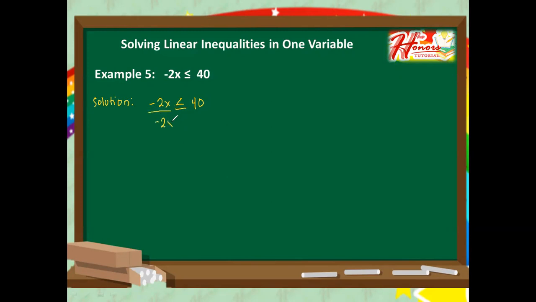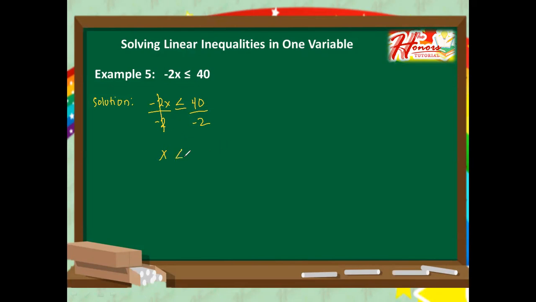So we have here negative 2x and then, sorry, negative 2, don't include x, and then over negative 2. So negative 2 divided by negative 2 cancel and then copy x. Copy the symbol also.